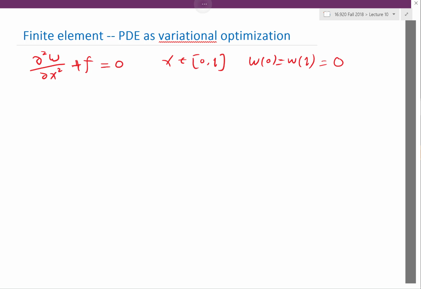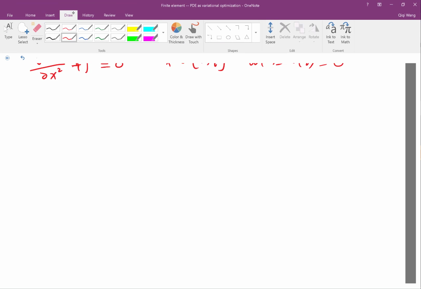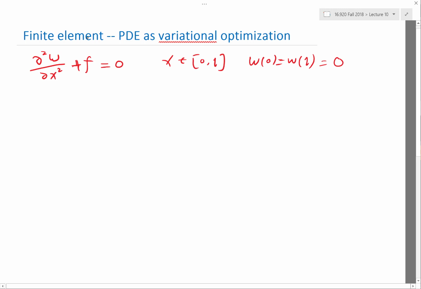So let's see, for example, how do we turn this equation into a variational optimization problem? Well, the first step is actually to figure out what is the variation, right? So the first step is to multiply the partial differential equation with a small variation. This small variation, let's write as delta w for now. Actually in most finite element literature, we use something different. For example, let's use v as a small infinitesimal variation of w.